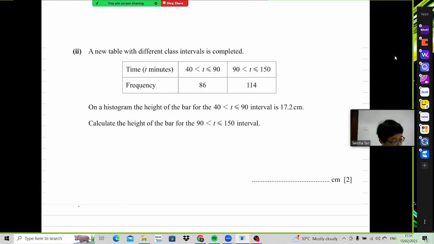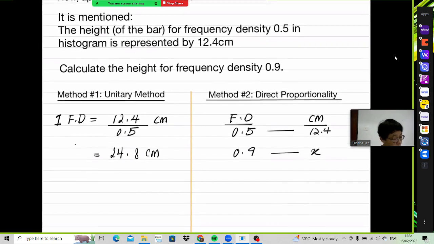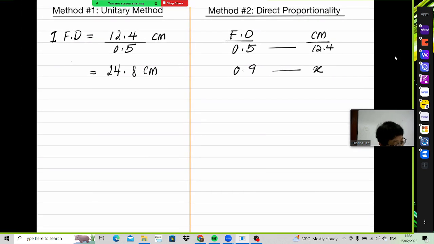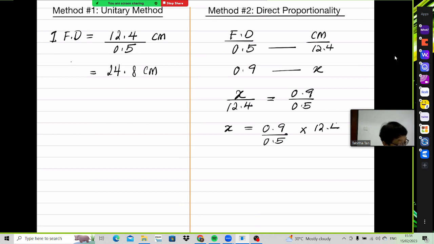So x over 12.4, and with another simple twisting of the equation, multiply the 12.4 over, and you're going to get the same answer.